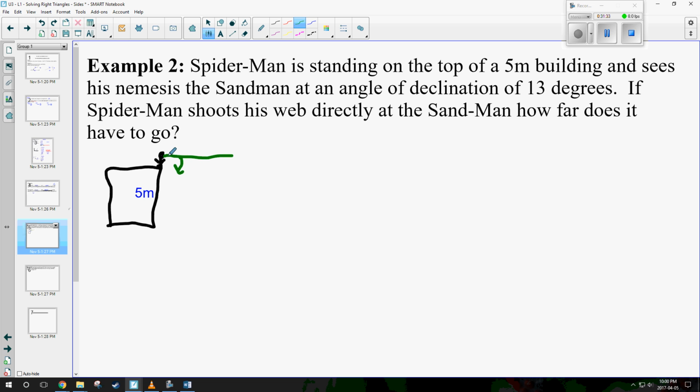So his angle of declination is from his line of sight looking down, and we know that's a value of 13 degrees. And he's looking down at Sandman, who is down here on the ground.